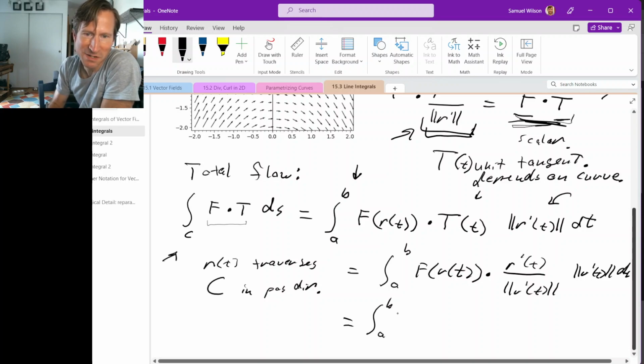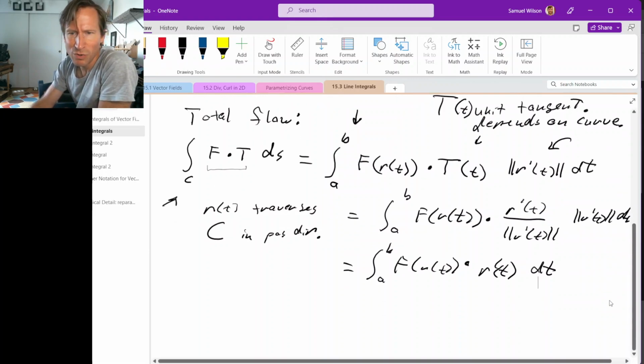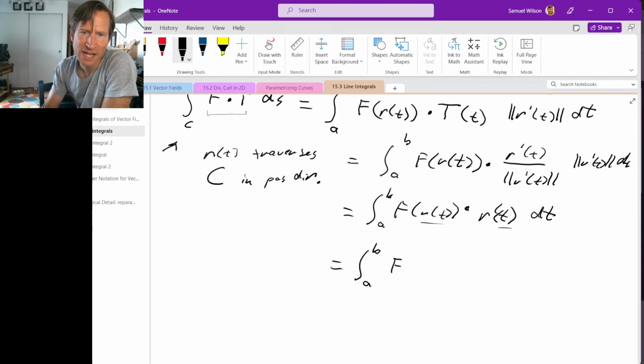So this is the integral from a to b of F of r of t dotted with r prime of t dt. So it looked very complicated at first, this flow integral that we're inventing, but once we simplify things, it actually isn't that bad, right? So normally, if I need to write this down, I'll do a little shorthand. We'll just remember that the parameterization is here and that time is the independent variable, and I'll just write F dot r prime dt. So that's how I'll normally write this.